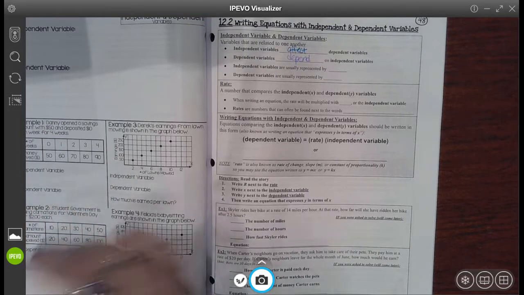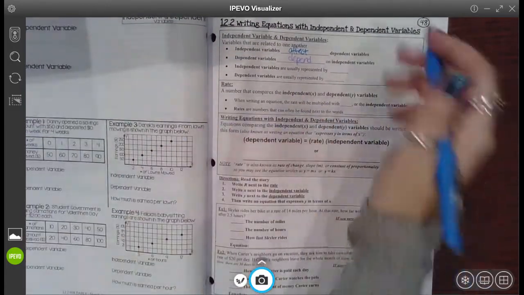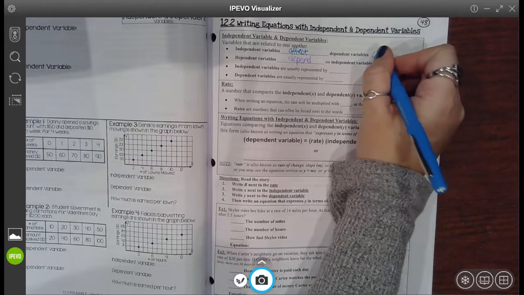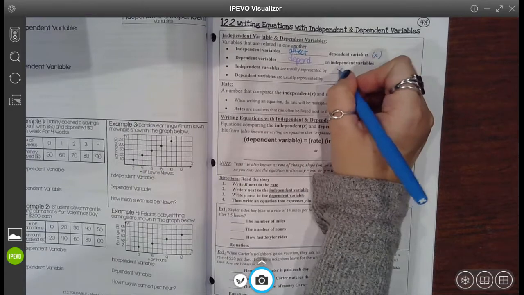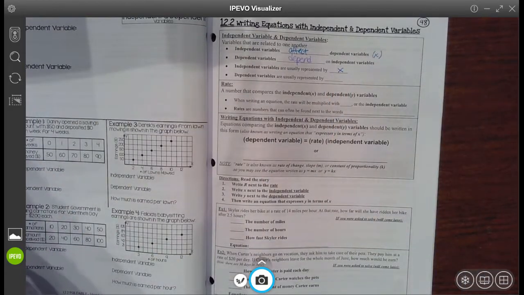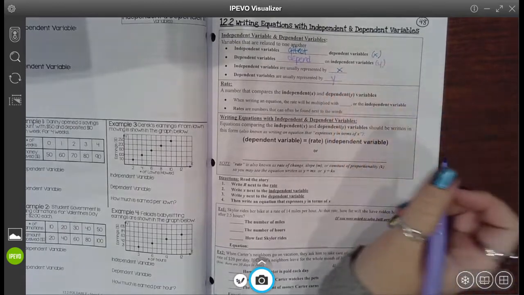Also, independent variables are your x's, right? So your independent variables are usually represented by x. And your dependent variables are usually represented with a y.